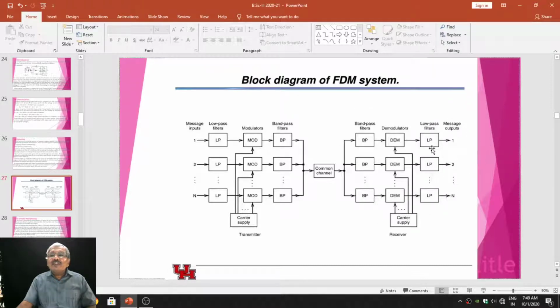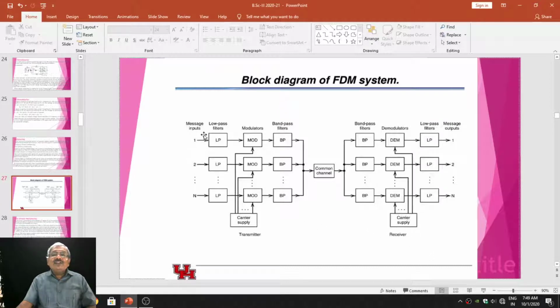And the receiving end comprises the band pass filter, demodulator and also the low pass filter. Here for the demodulator also the carrier signal is provided for the purpose of demodulation or bifurcation.